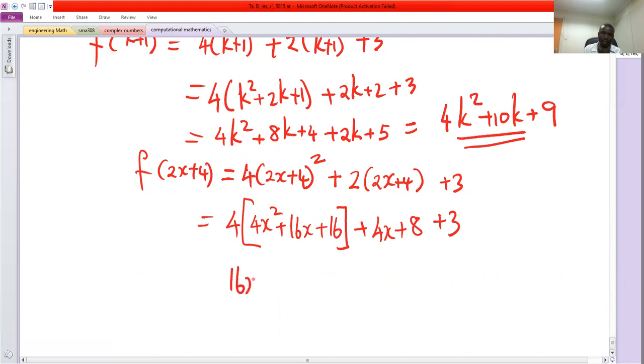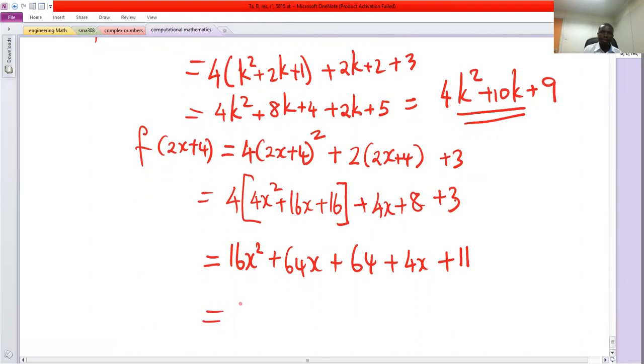So this will be 16x squared, 4 by 16 is 64, 64 plus 4x. And so finally, we'll have 16x squared plus 68x plus 75.